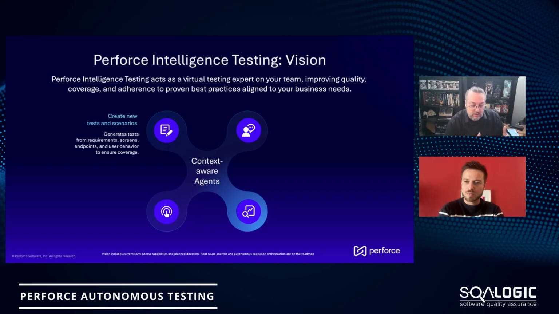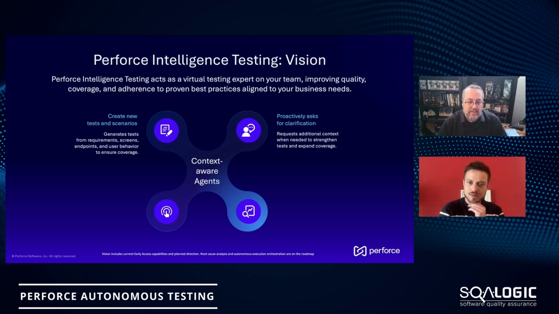Imagine if I can ingest real user traffic from production to model out how I should test it, especially from a performance perspective. As a former performance engineer, that's a little scary because that was a good part of my job, modeling what I was going to test in a lower environment based on what the real users were doing. Imagine if I could do that in minutes instead of the hours it took to create that. And then proactively have the AI ask you for clarifications.